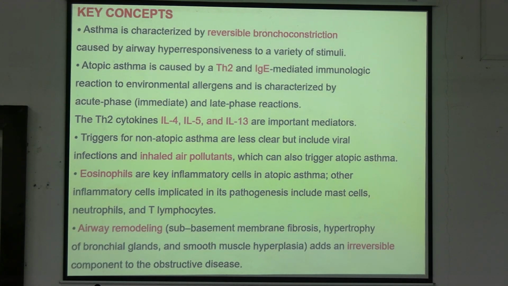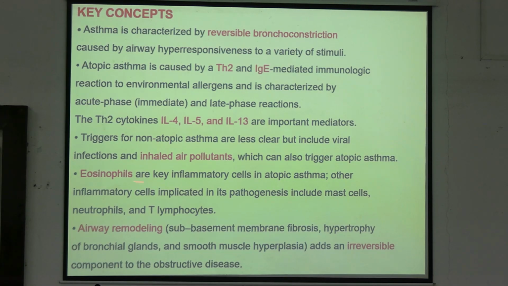So what are the key concepts? After we have studied asthma, what are the key concepts? Reversible bronchoconstriction caused by airway hyperresponsiveness to a variety of stimuli, and atopic asthma caused by Th2 IgE mediated immunologic reaction. The cytokines involved are IL-4, 5, 13.